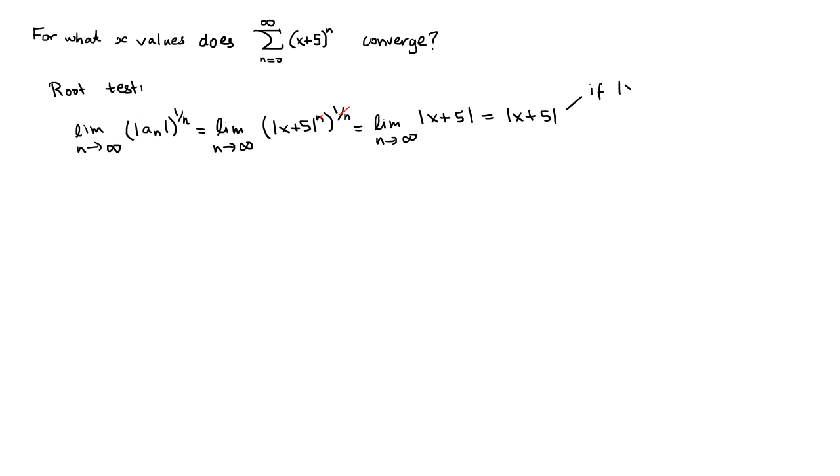If the absolute value of x plus 5 is less than 1, then the series converges. If the absolute value of x plus 5 is greater than 1, then the series diverges.